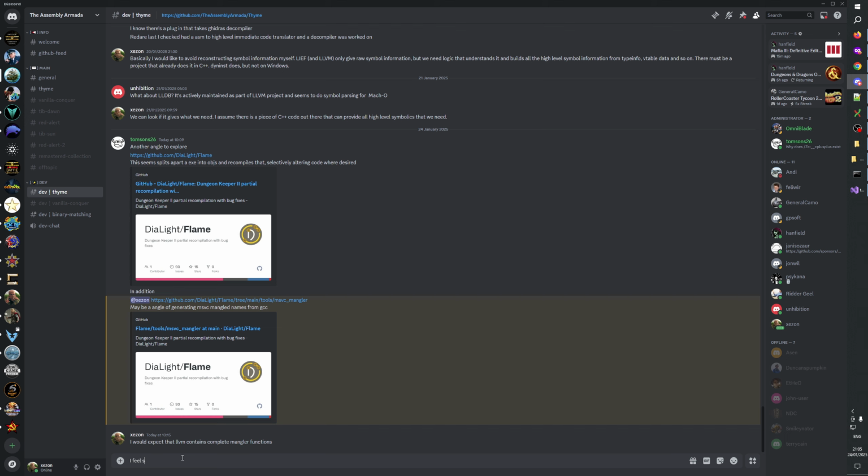I feel stupid that it took so long. But after taking a good look at llvm-dump, object dump output for Mac, etc., I figured out how file symbols relate to function symbols.